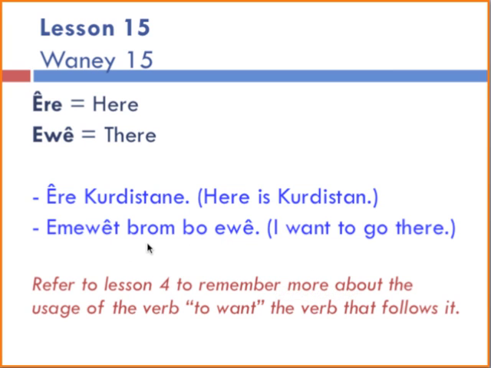In this case, it is brom, which is to go, but it is in subjunctive in Kurdish, or it appears to be so. Go back to lesson 4 to learn more about it if you've forgotten it, or if you're starting from this lesson for some reason.